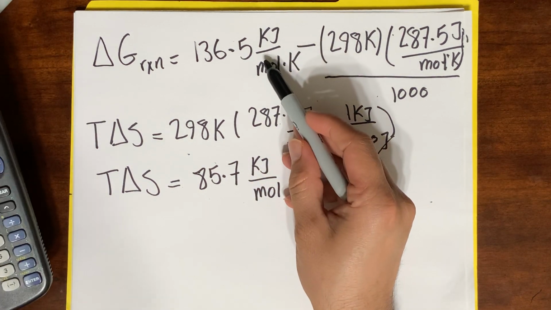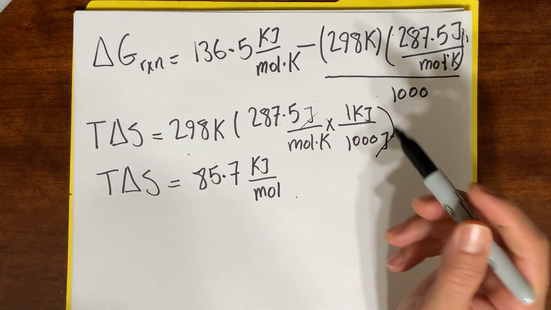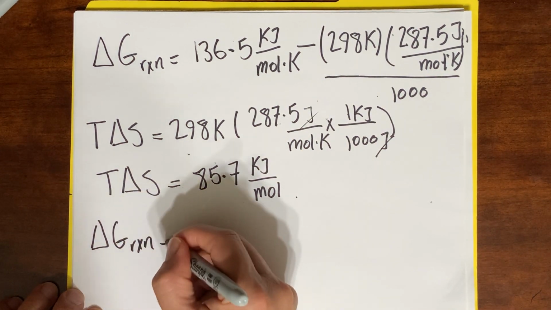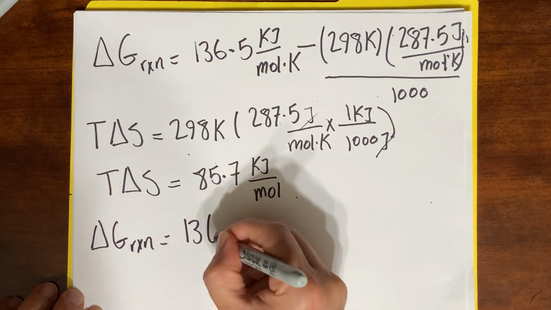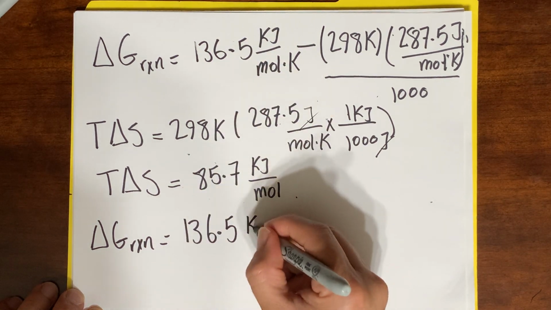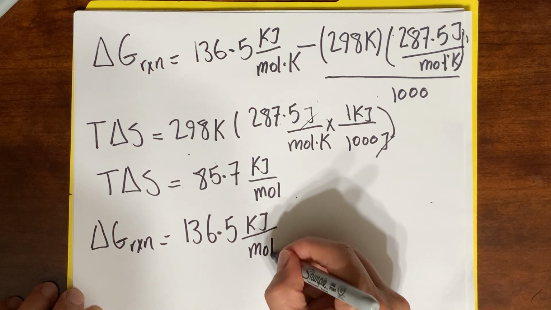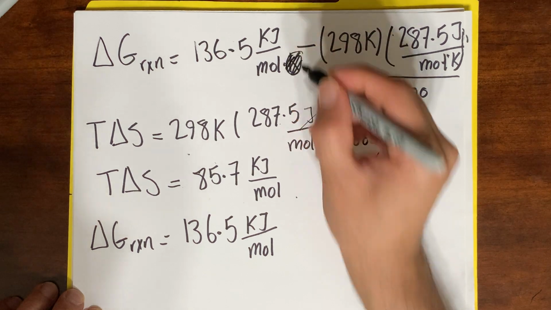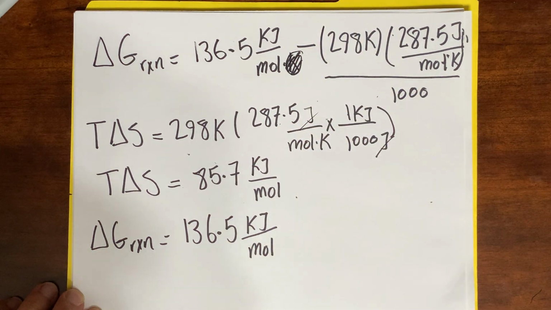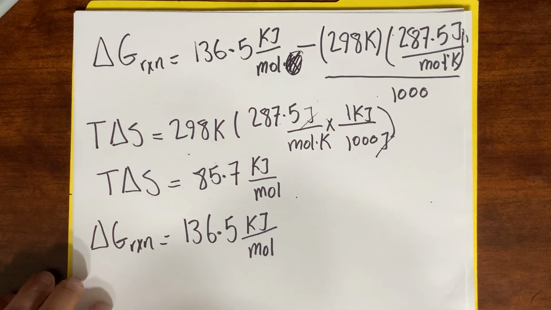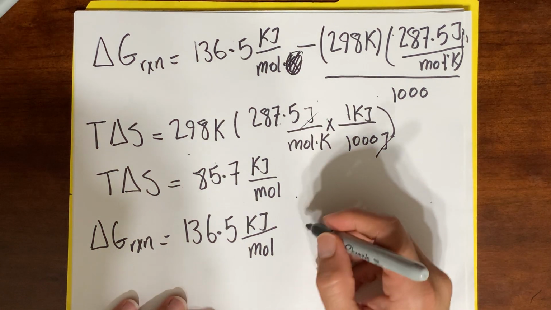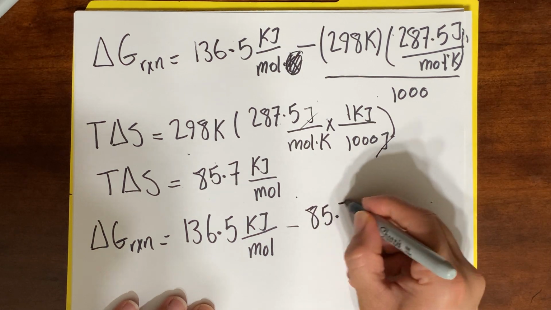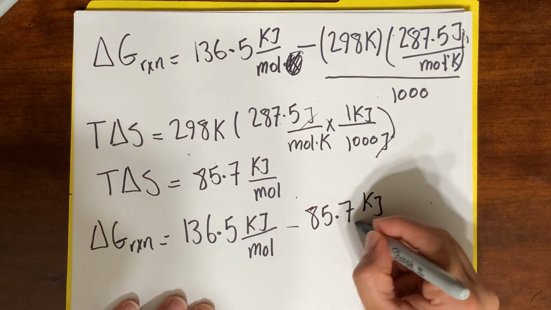Now I can subtract it from the first one. So I go with delta G for the reaction. First one, 136.5 kilojoule over mole. Sorry, why did I write this one Kelvin? This is wrong, it is mole. Minus 85.7 kilojoule per mole.